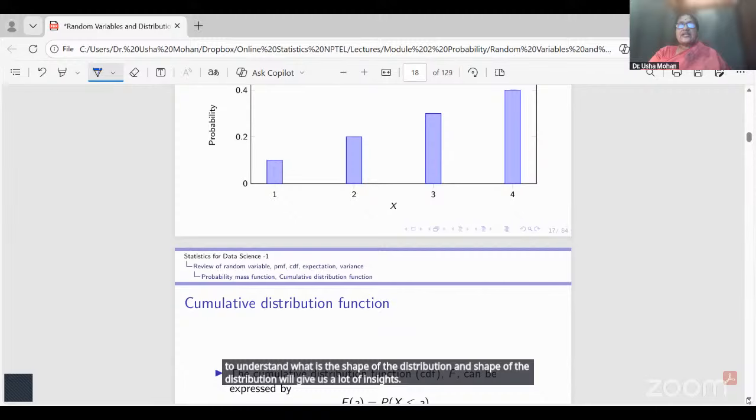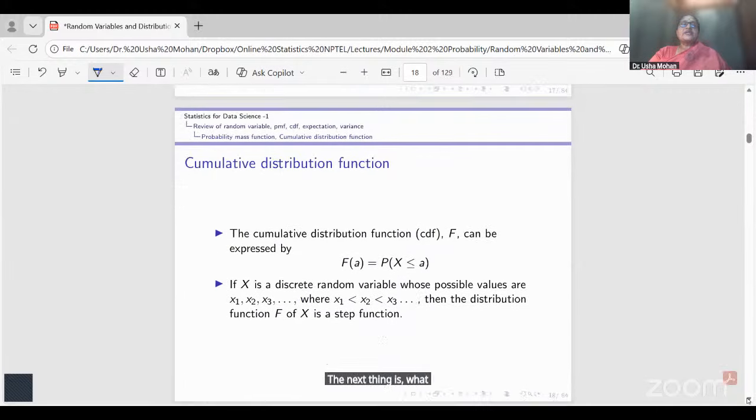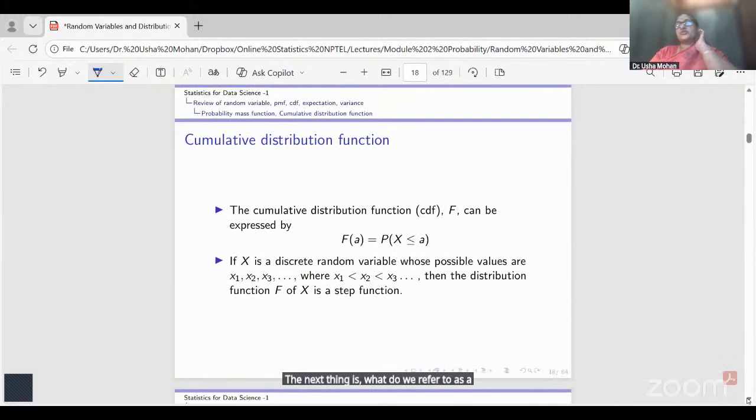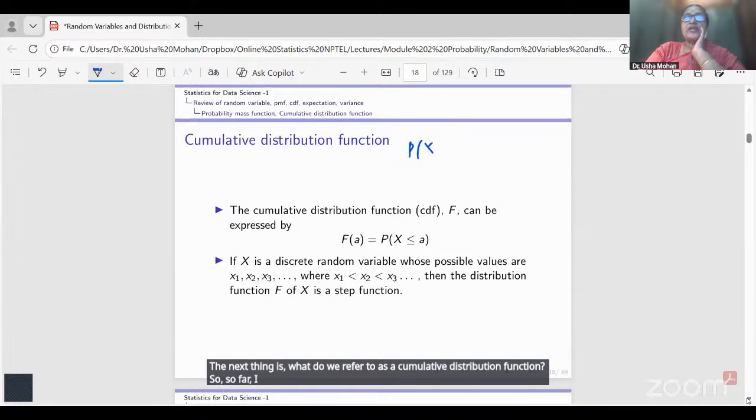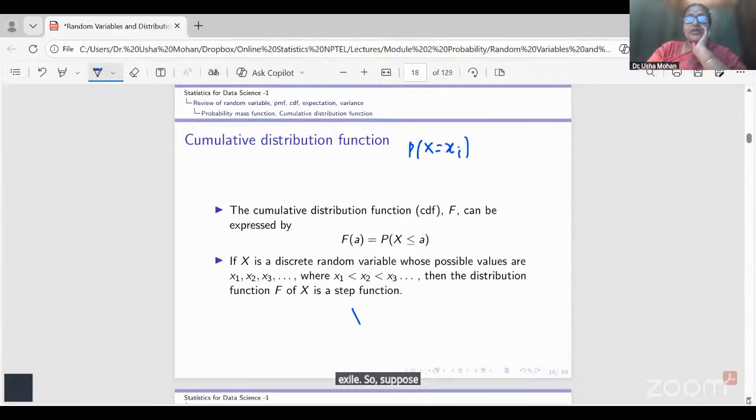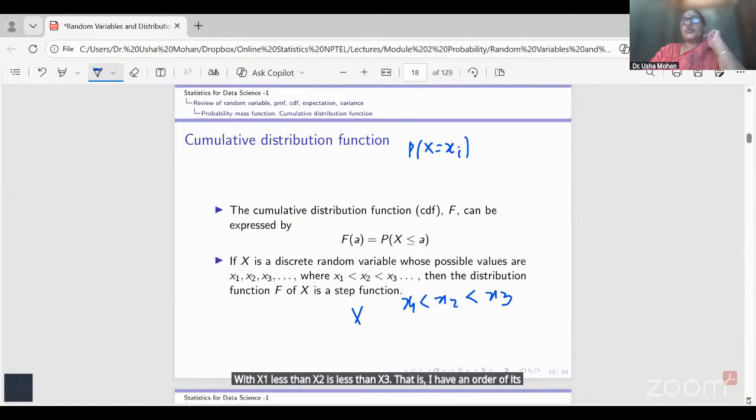The next thing is what we refer to as a cumulative distribution function. So far I had defined probability x equal to xi. Suppose I know that x takes values x1, x2, x3 with x1 less than x2 less than x3. That is, I have an order of x taking values x1, x2, x3.